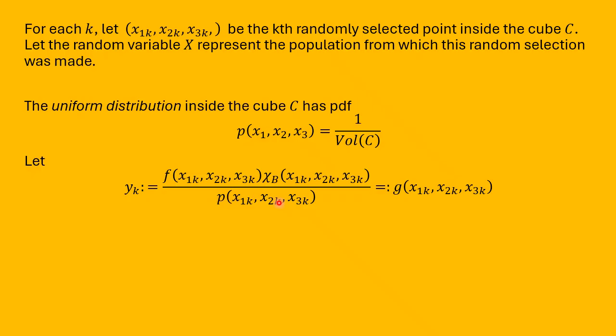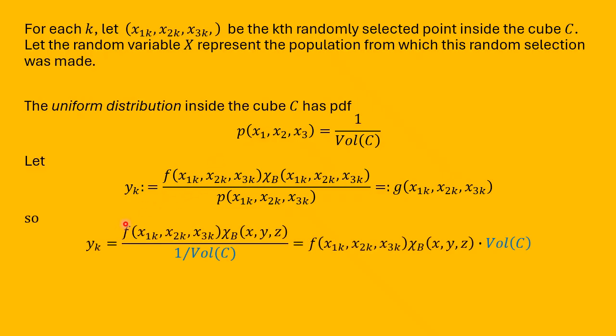And later, if we need to, we'll refer to this quotient as the function g at that point, x sub 1k, x sub 2k, x sub 3k. Here I decided to use x, y, and z because I wanted to use x and y for other things.